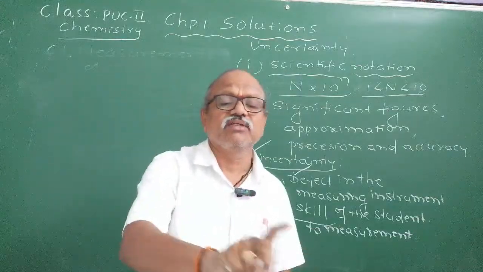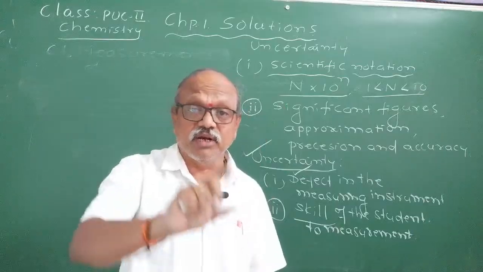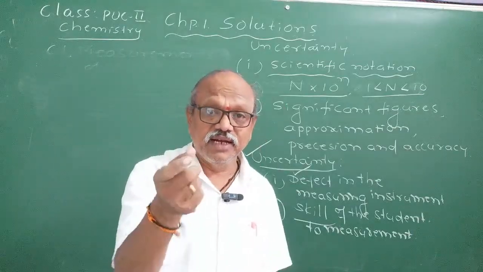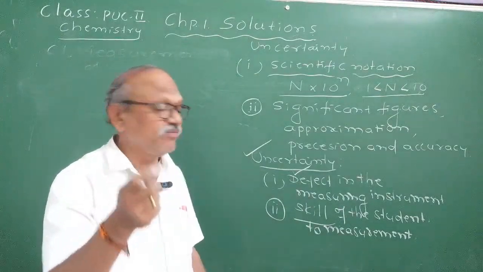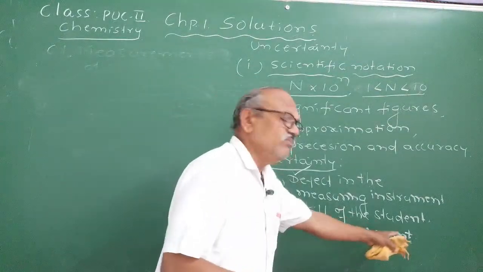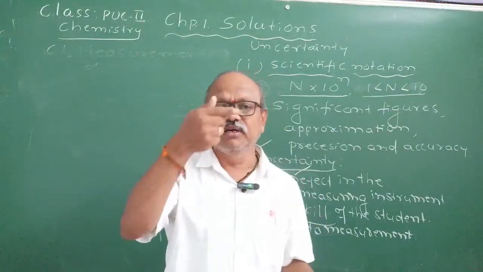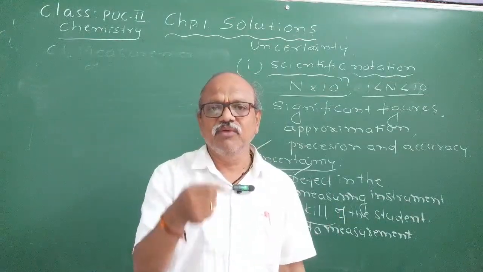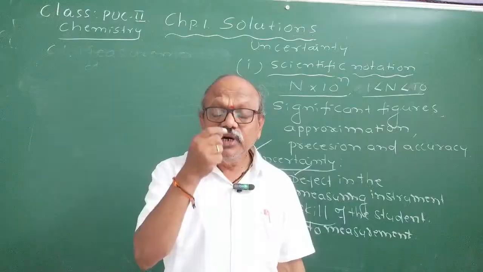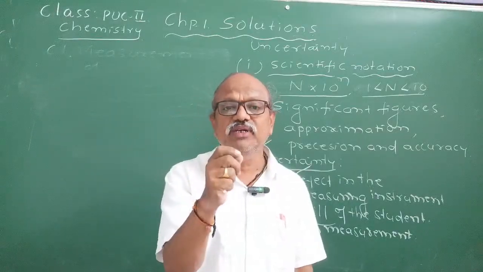Suppose that you want to draw a circle of exactly 5 centimeter. Your compass may not be working properly, like in geometry. Similarly, in the laboratory, the skill of the student in measurement. Whenever you want to measure the volume of a liquid in a measuring jar or in a burette or in a pipette, you may make mistakes without good training of how to measure.